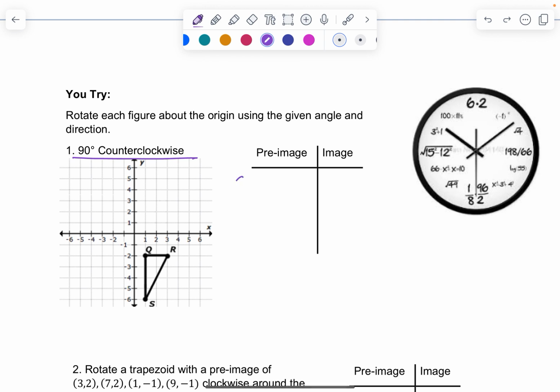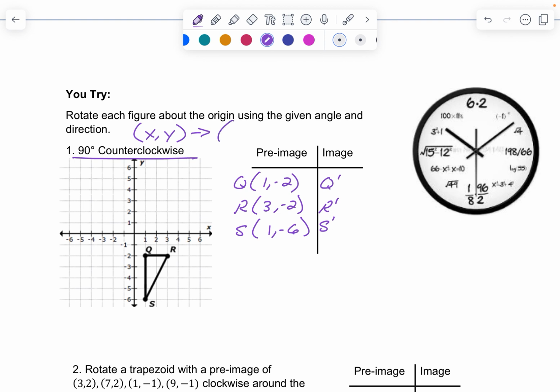Let's write down the ordered pairs. So Q is (1, negative 2). R is (3, negative 2). And S is (1, negative 6). So now our new, after rotating 90 degrees counterclockwise, remember the rule is this. And so this is going to look like (2, 1).